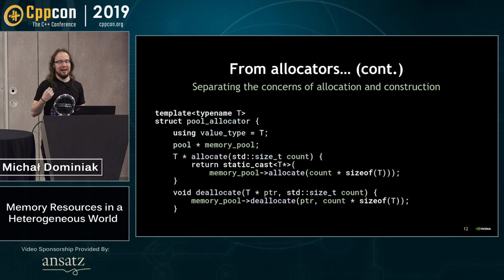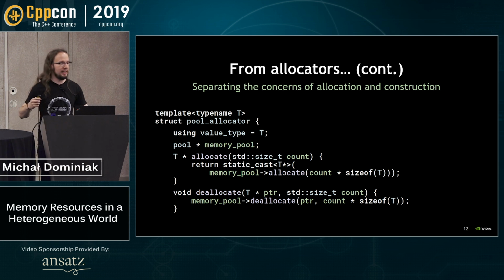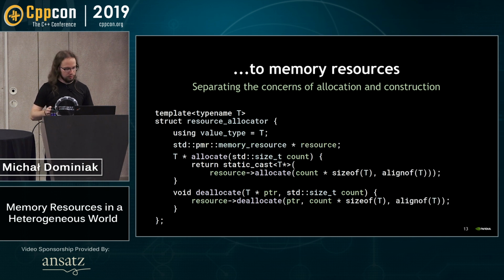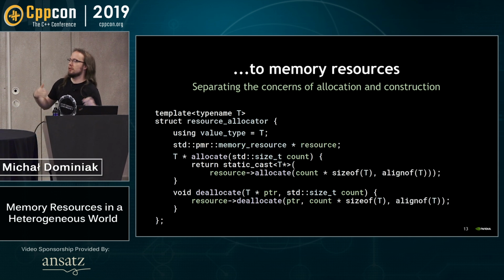So I can greatly improve the performance of the memory pool by telling it everything it may need to know to actually look into the right places. And this starts to look very familiar for those who know C++17 a bit, right? Because we can just go from a memory pool to a memory resource, which is a more abstract idea.